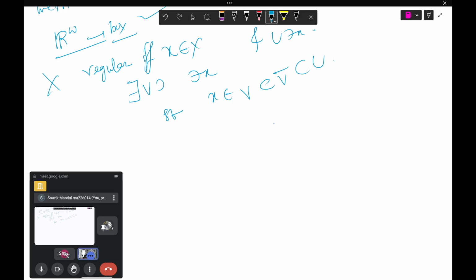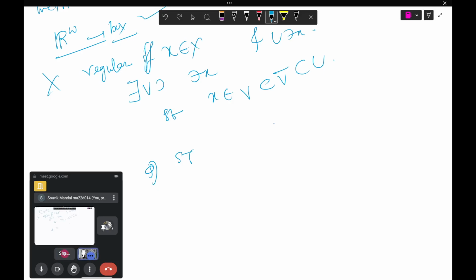So consider the problem. Be it any exam or anything, if Hausdorff or T1 property is not given, then without them also, if this relation holds, can we say that the space is regular?